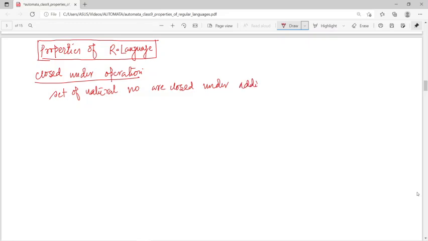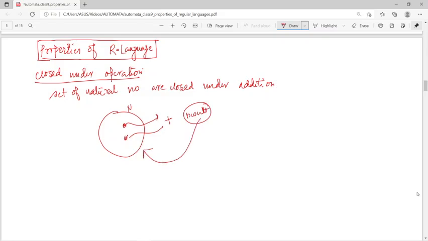What does it mean? If we take any two numbers from the set and add them, and the result also belongs to this particular set, then you will say that it is closed.